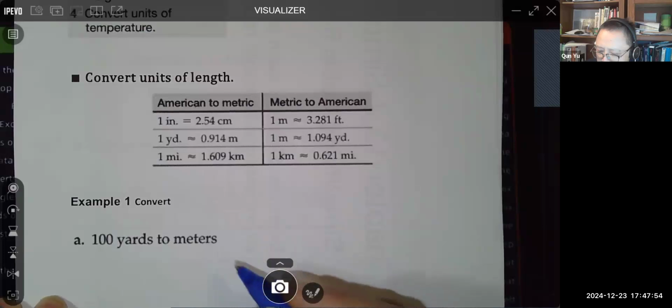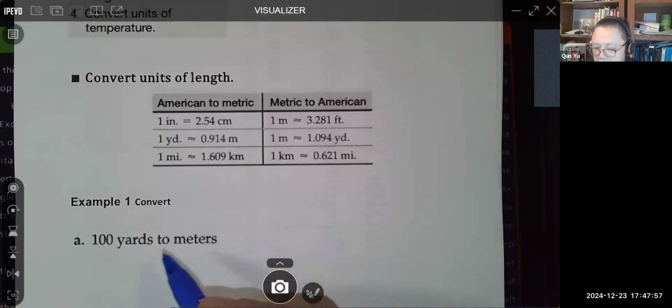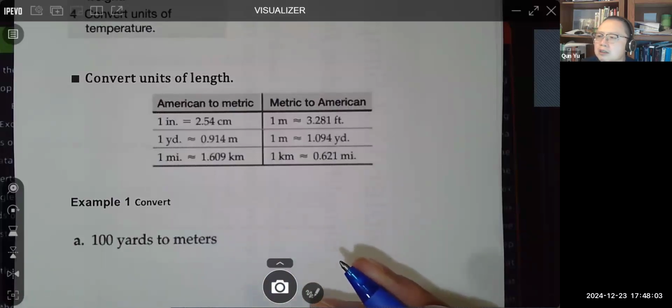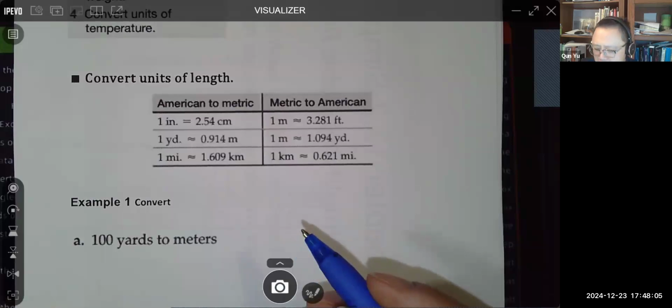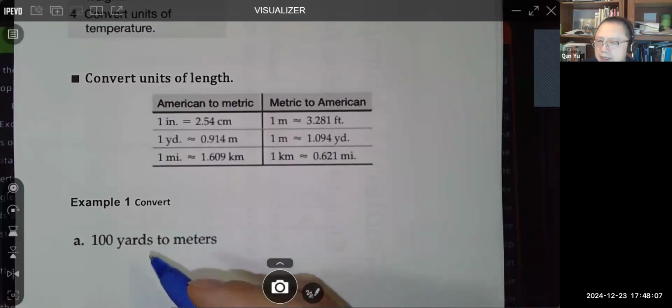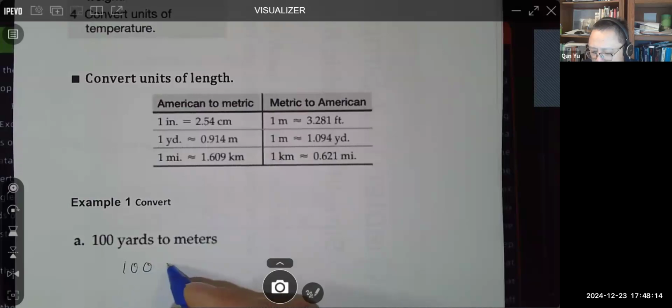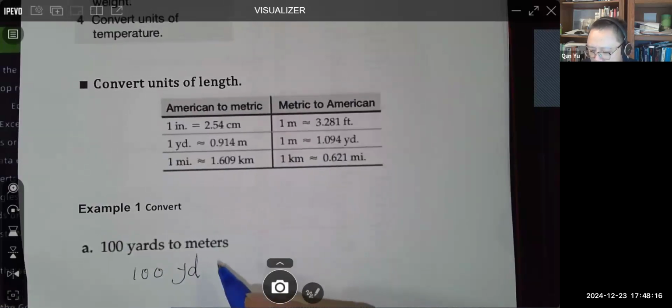Now, for inter-system conversions, you cannot move the decimal point anymore. That is only good for the metric system itself. So we are going to go back to the dimensional analysis method. I just copy the first quantity, 100 yards.